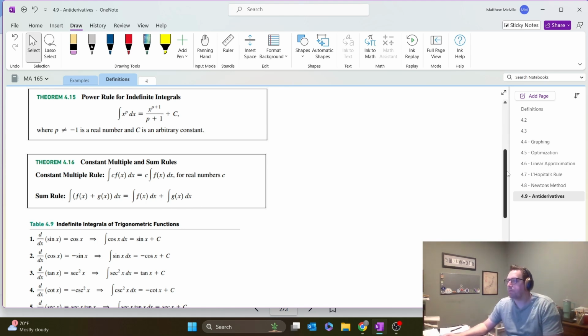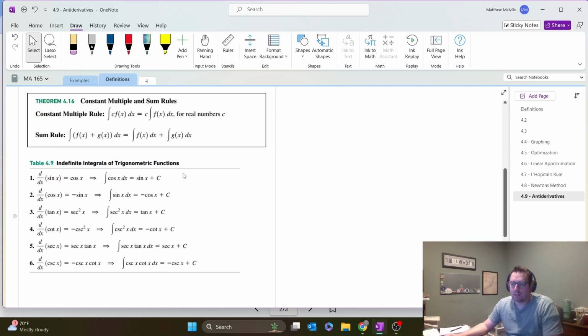So here are some indefinite integrals of trig functions that we need to remember, okay? So we need to know that, here's the derivative side that we did, the fabulous 6 that you did, and then here are the antiderivatives of each of them. Notice that it's just the exact same thing, just kind of backwards a little bit.